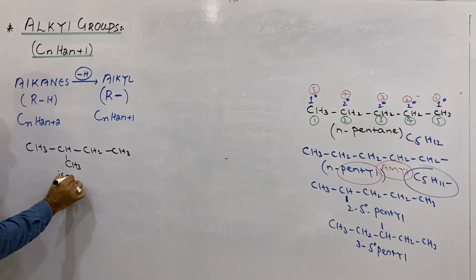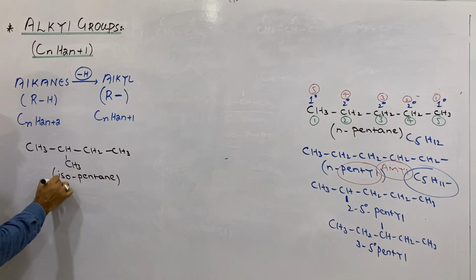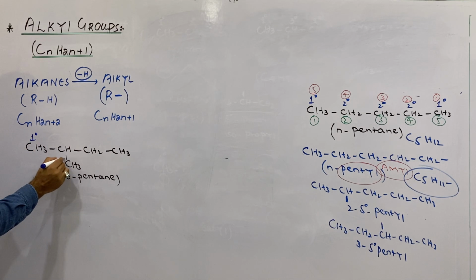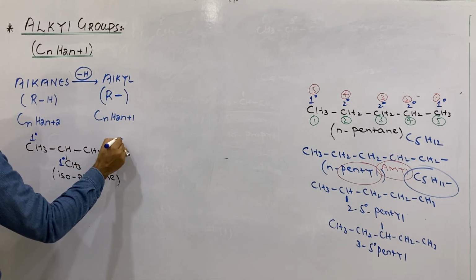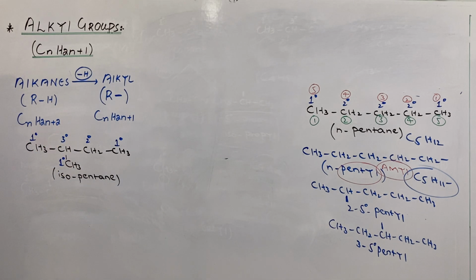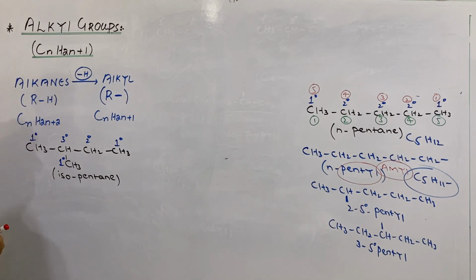That is isopentane. How many types of carbon does it have? It has 3 primary carbons, 1 secondary carbon and 1 tertiary carbon. It means this will also show 3 or 4 different types of pentyl groups.